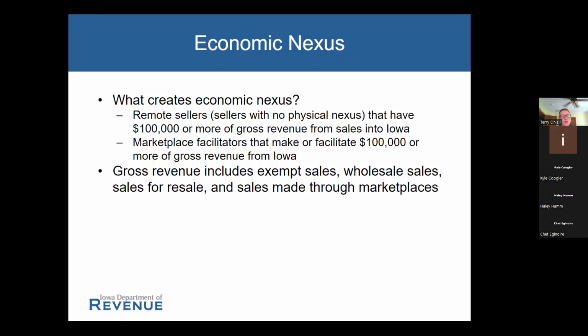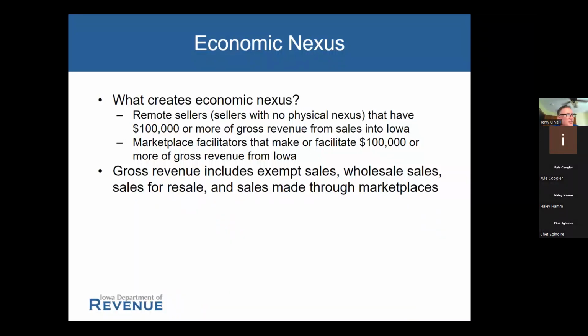If they have $100,000 or more of gross revenue from sales into Iowa, that's going to establish economic Nexus. So again, they're going to need an Iowa sales tax permit if they are making taxable sales in Iowa and they have $100,000 or more in gross revenue. Okay, this is going to establish economic Nexus.